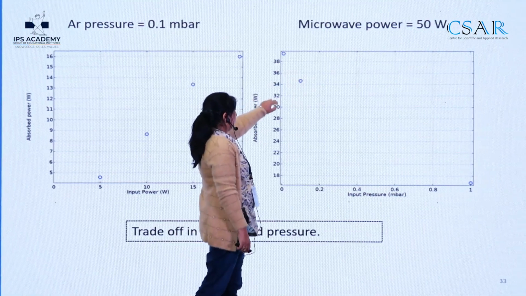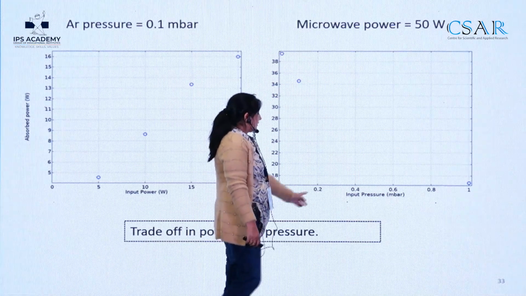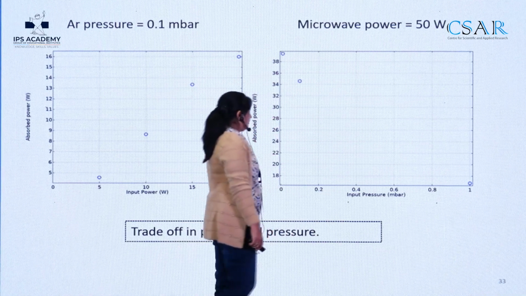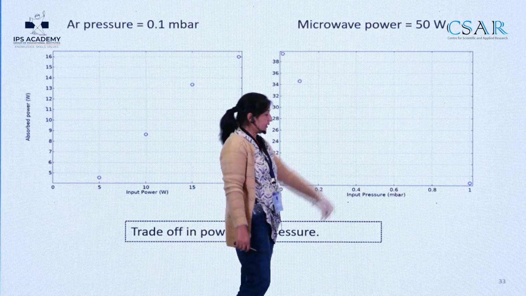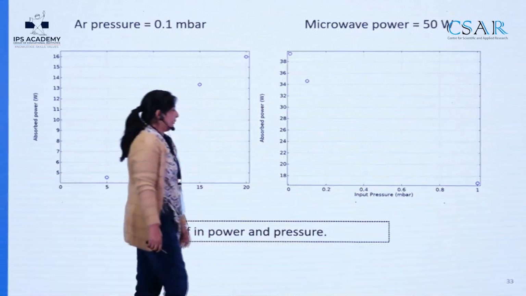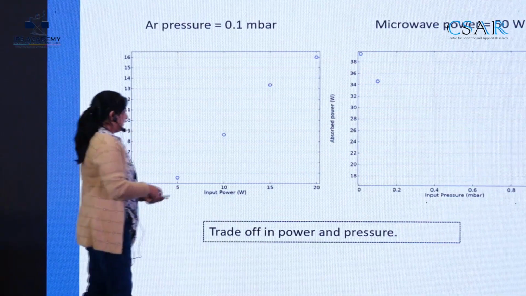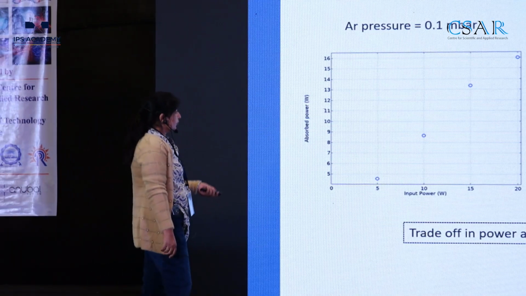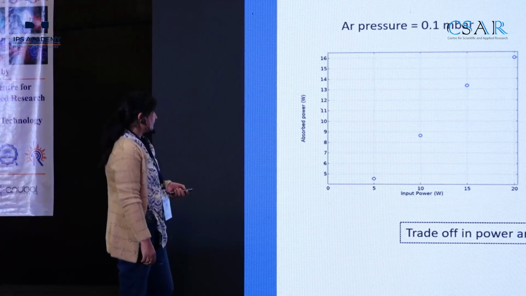For the sake of comparison, I again did the pressure variation from 0.01 to 1 millibar at 50 watt, and I saw that increasing the pressure also has some effect on power coupling. So there is some trade-off between the power and the pressure, and we have to optimize this also.